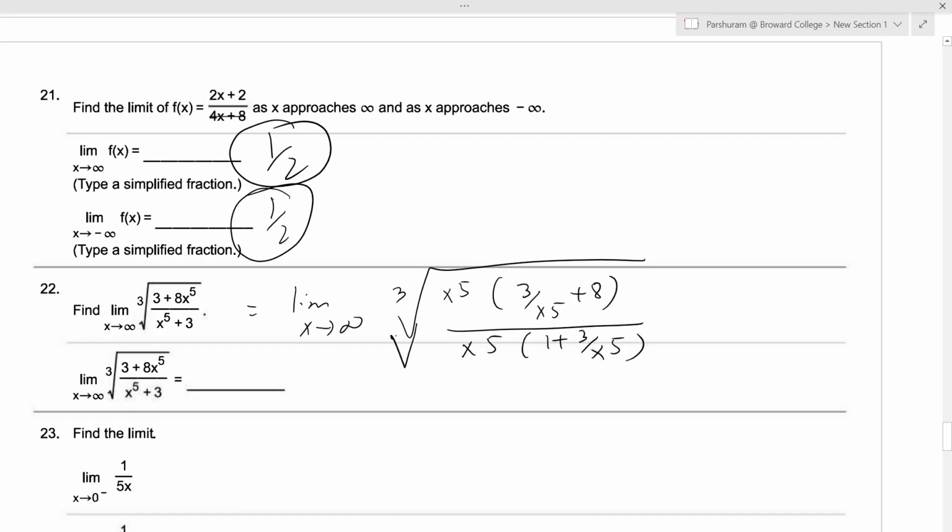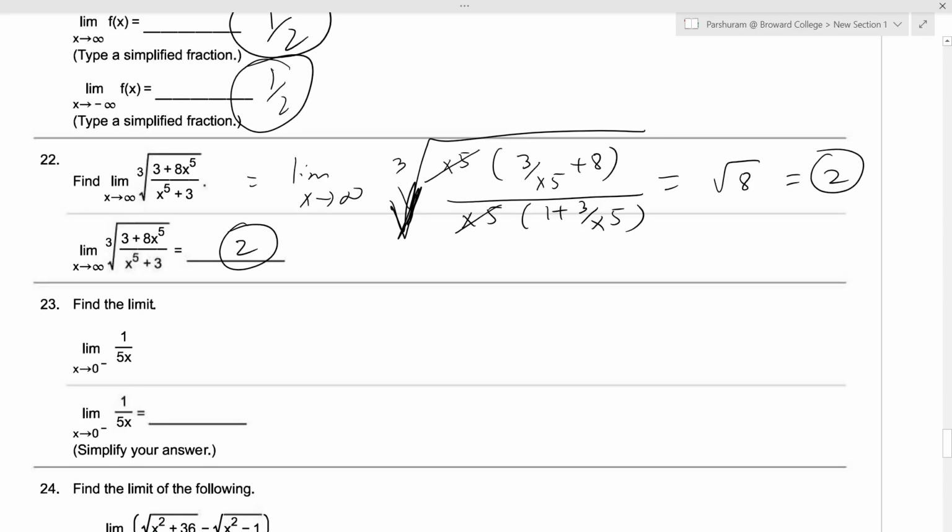It's a cube root. So when we find the limit as x approaches infinity, we can see that this part would go to 0, this part would go to 0, and finally we get the cube root of 8, which is actually 2. So the limit is 2.